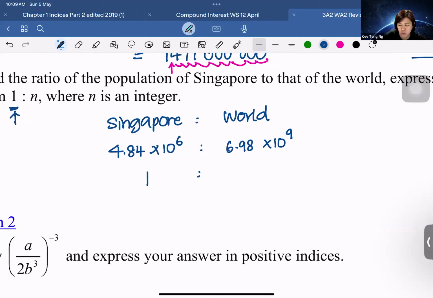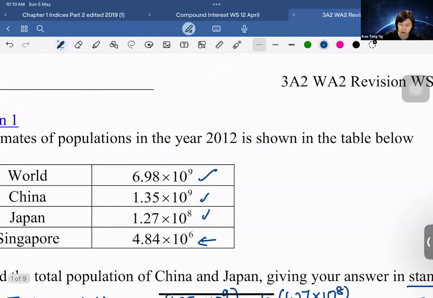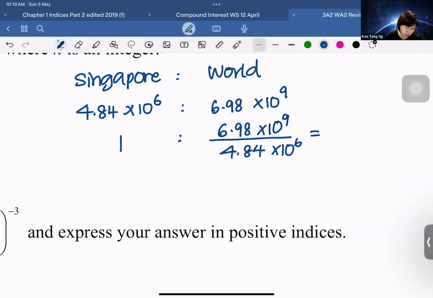So getting this into 1, this one will be 6.98 times 10 to the power 9 divided by 4.84 times 10 to the power of 6. Okay, using our calculator, 6.98 times 10 to the power of 9, let me just check again, correct, over 4.84 times 10 to the power of 6.